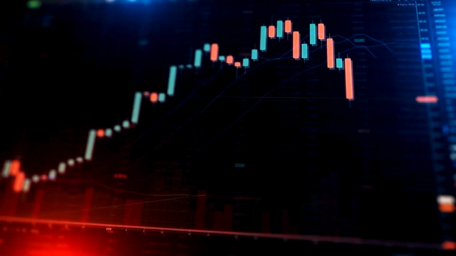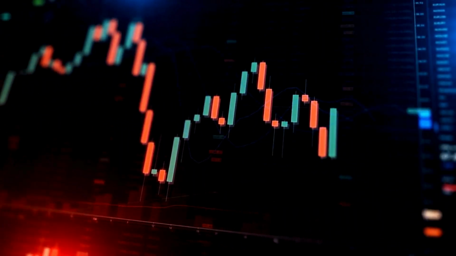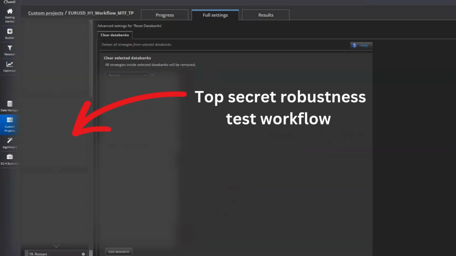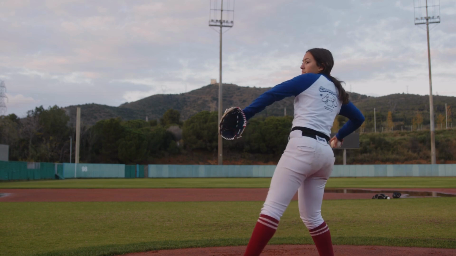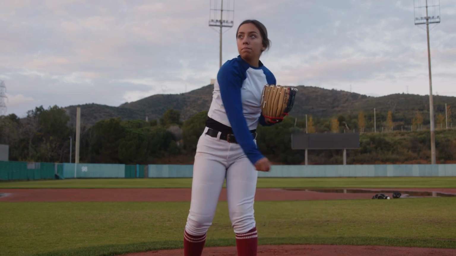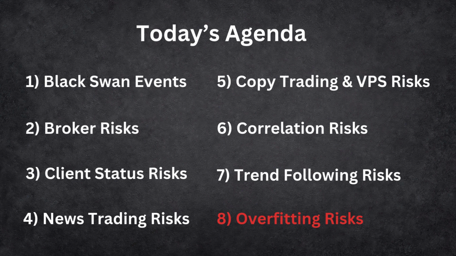And as an example, if I was to run my suite of custom robustness tests on, say, 10,000 or so of those Euro-USD strategies, on a percentage basis, the number of strategies that would have passed that 1.1 profit factor metric on unseen data would have shown a decent increase, because a lot of the rubbish strategies would have been thrown out, leaving those that have a higher chance of surviving on unseen data to be tested.